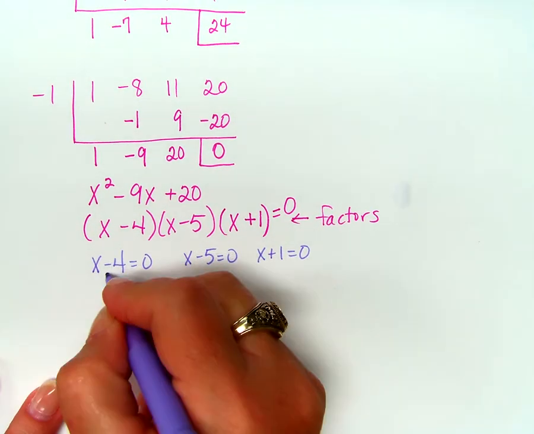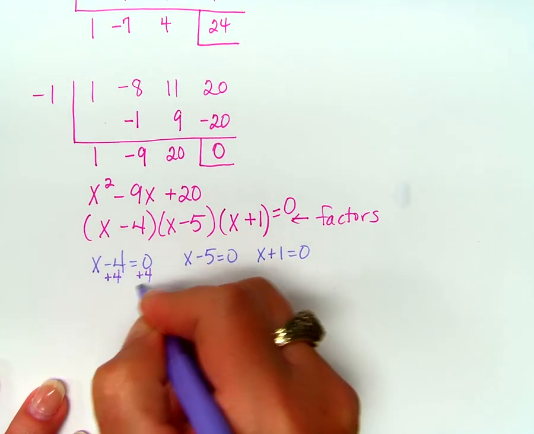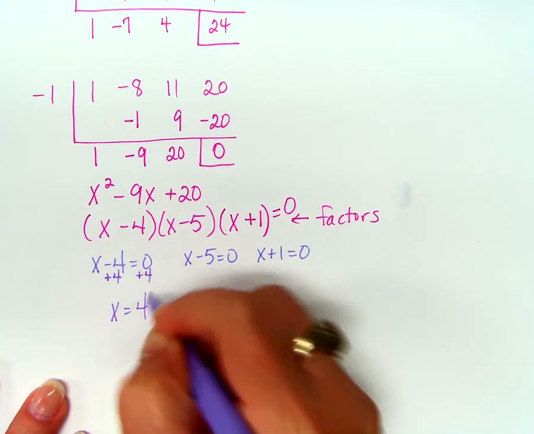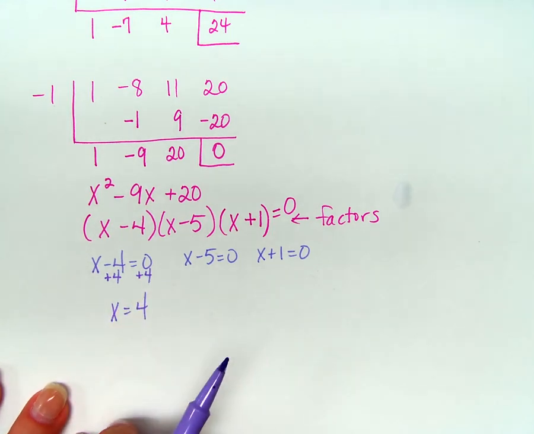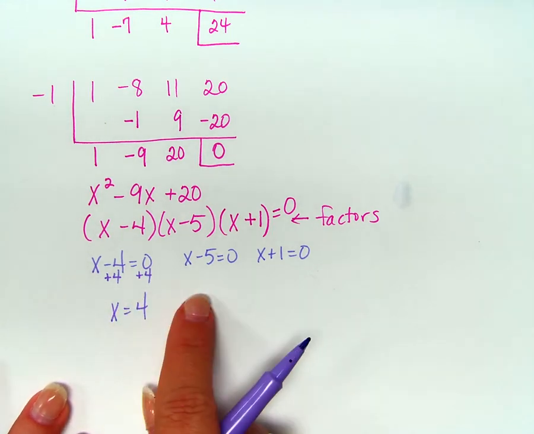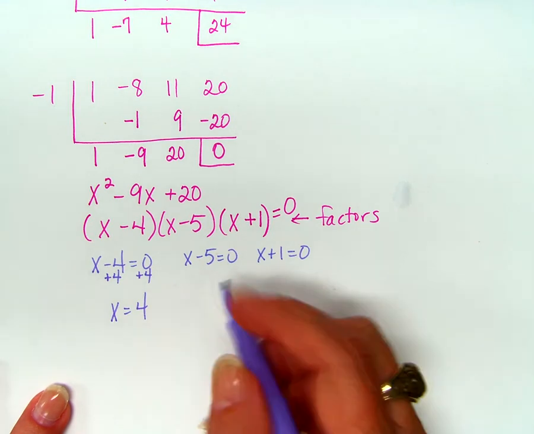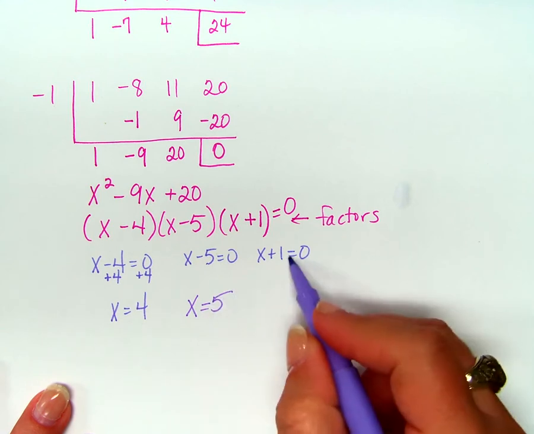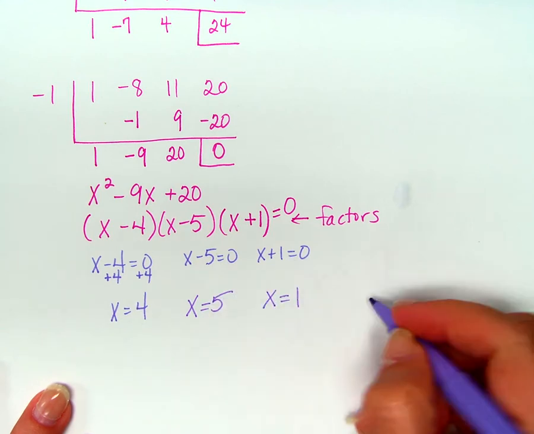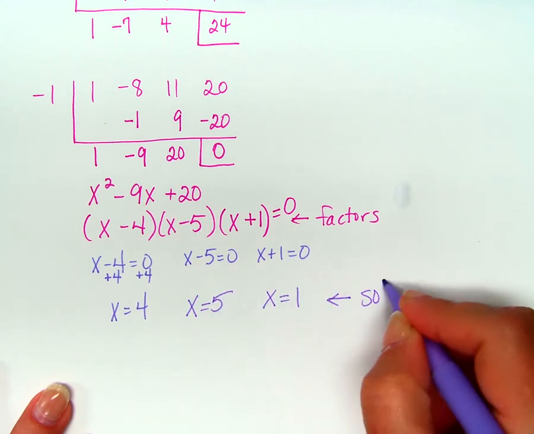Like, do I have to do this for you? Or can we look at that and say, oh, that's 4. If I have to show you the steps, I'll be happy to show you the steps. We good? Okay, so what's this one? 5. And what's this one? These are the solutions.